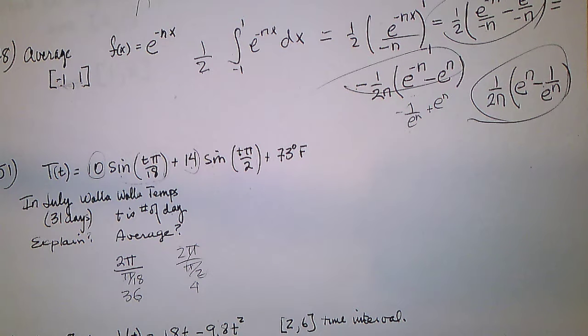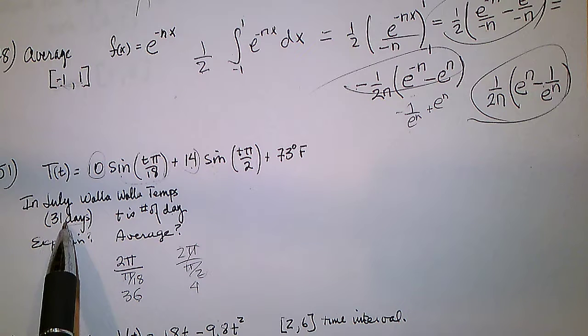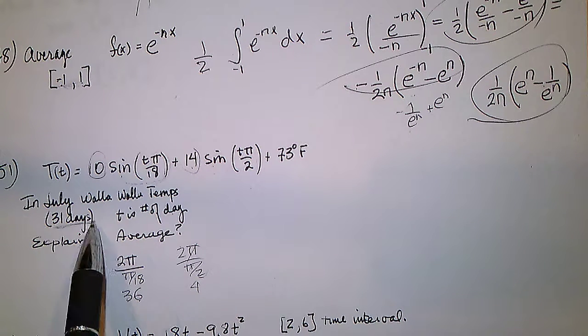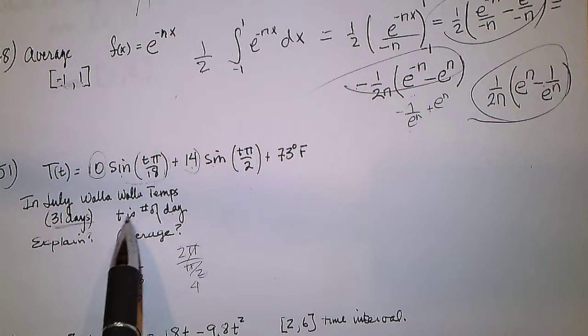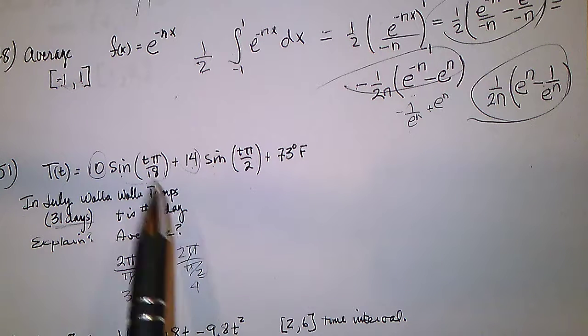Or maybe, wait a minute here. July has 31 days. T is the number of the day. So July 1st, we put in a 1.